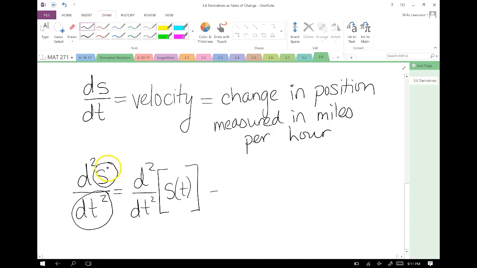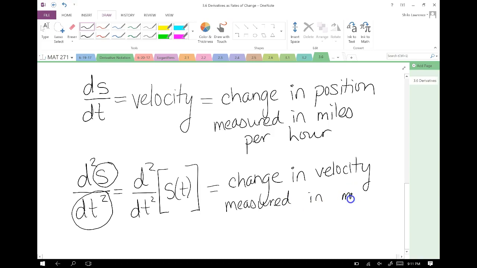We don't have s twice in the top. The s is only there once, but the t is twice in the bottom. So this is change in velocity. Every time we go out a derivative, it describes the change in the previous one. So this is change in velocity. And I probably should have written acceleration. I'll add that in just a second. And it's measured in miles per hour squared.